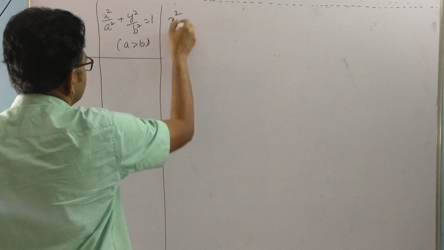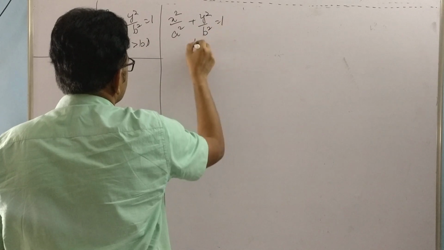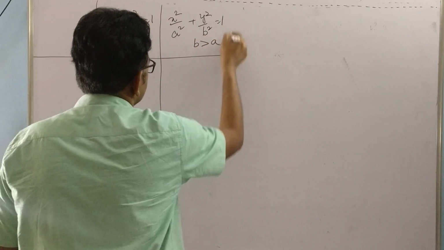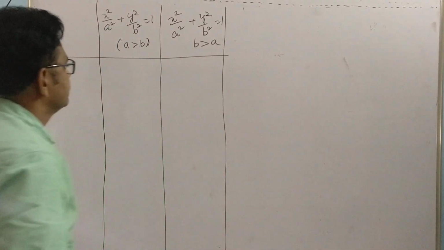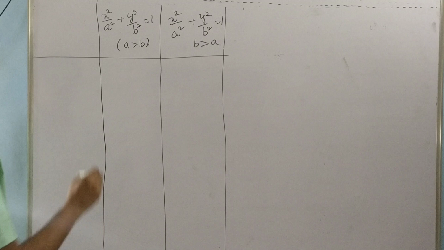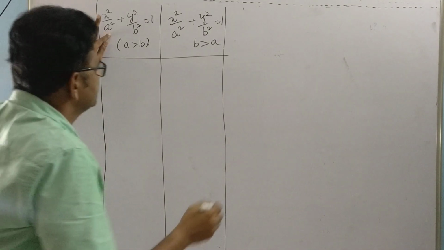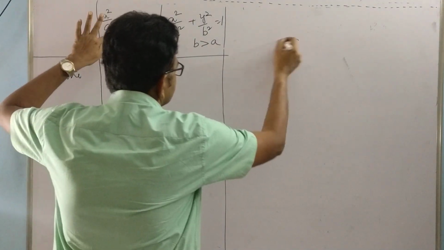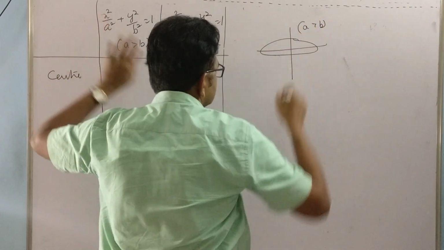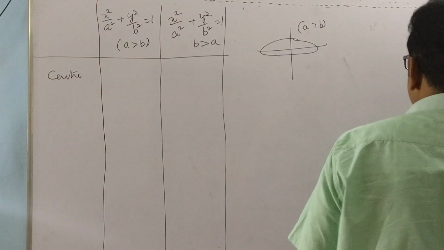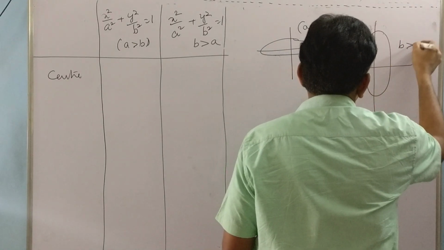Next one, x square by a square plus y square by b square equal to 1, where b is greater than a. So this is the center. The first ellipse is like this, the case where a is greater than b. The second ellipse is like this, where b is greater than a.